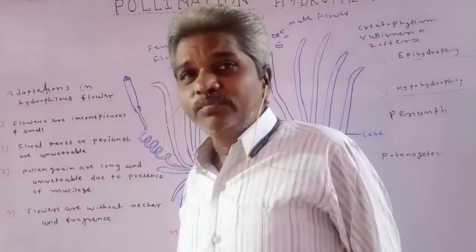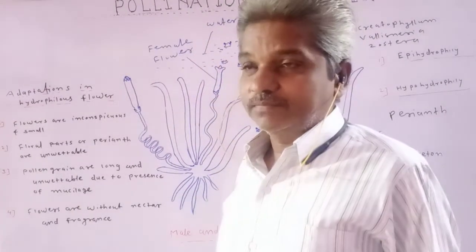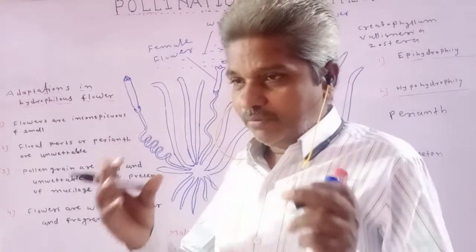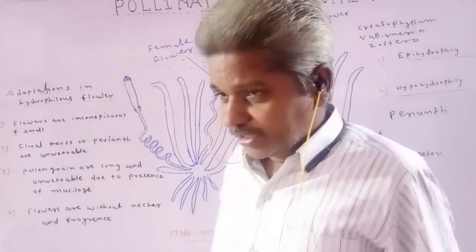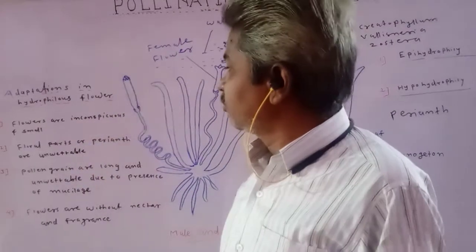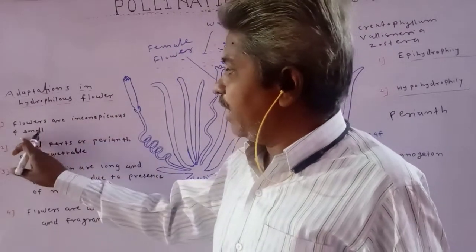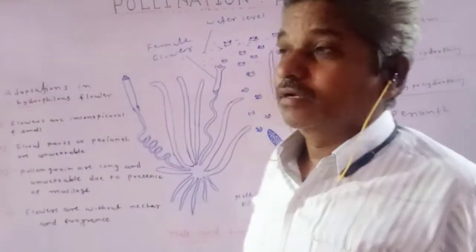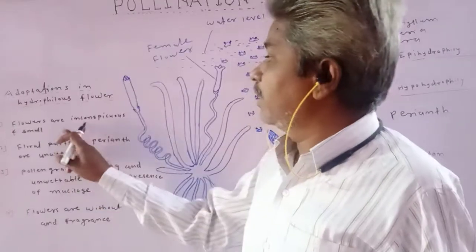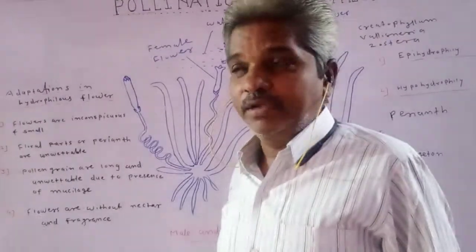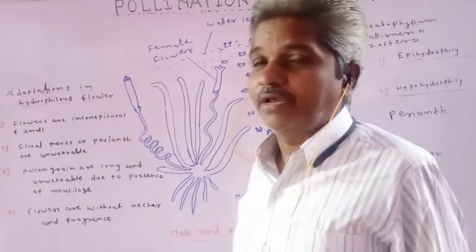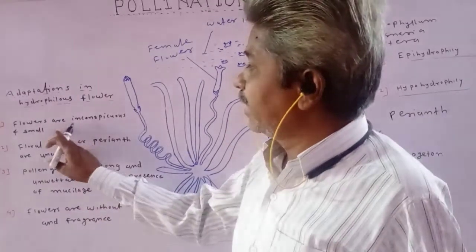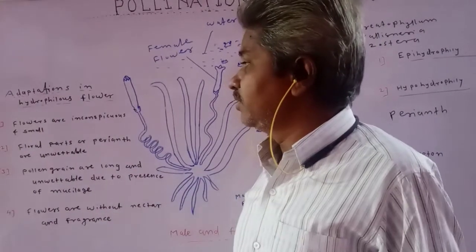What do you mean by inconspicuous? The flowers which are not showy are inconspicuous, and when a hydrophilous flower is compared with an entomophilous or any other type, you will observe that the flowers are comparatively smaller.